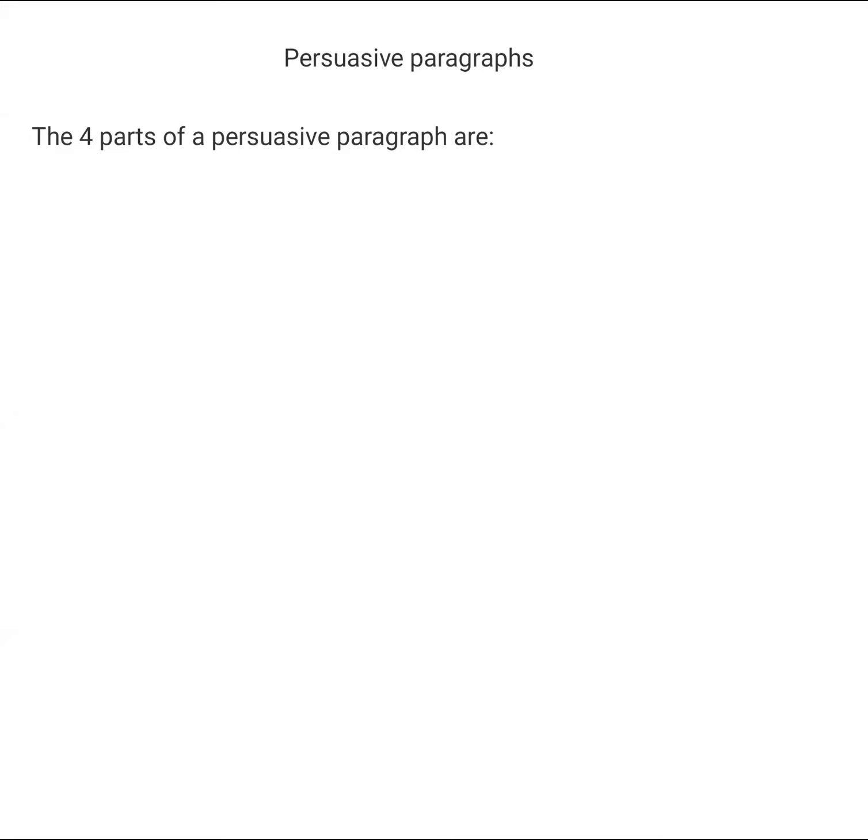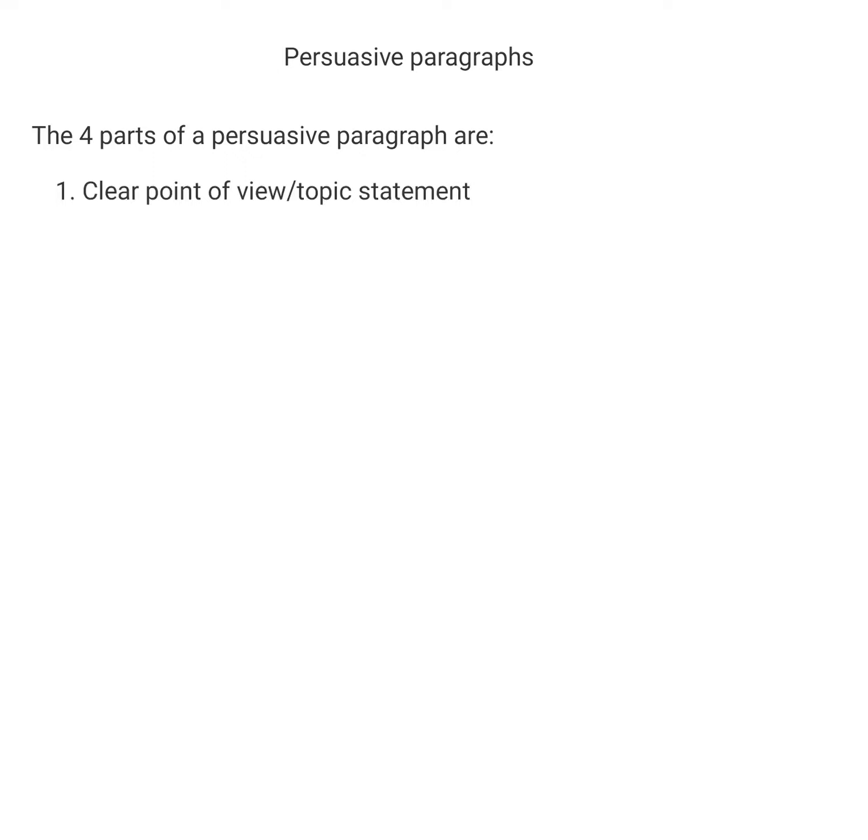Okay, so I'll give you guys the first one. The first thing a good persuasive paragraph needs is a clear point of view or a topic statement. So what are we trying to get across to our readers?